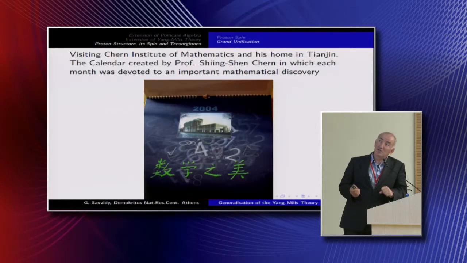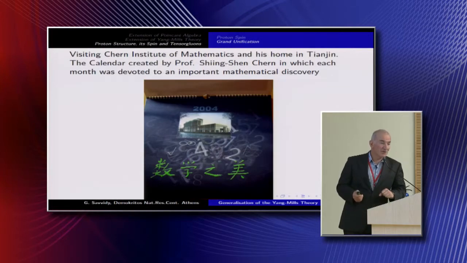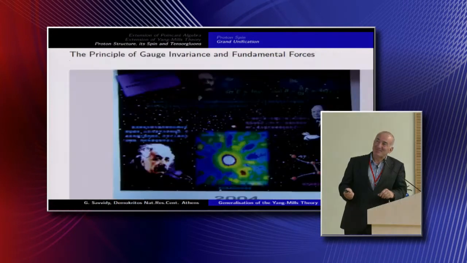And he said, "Oh, this is a calendar which was created by Professor Chern." And then I said, "Can I open it and make photos?" They said, "Yes, you can." So I went through it one after another, and I was absolutely amazed. Each page is devoted to some mathematical discoveries, and this was absolutely astonishing.